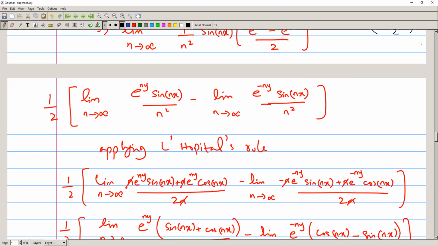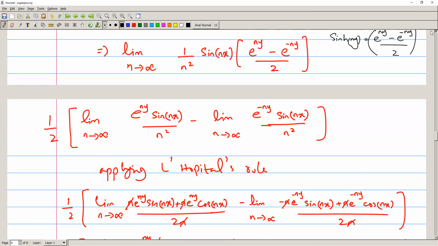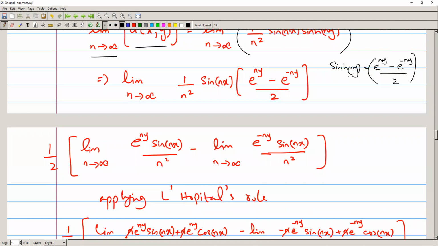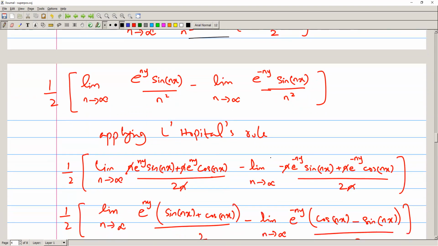So first of all, we will apply the identity for sine hyperbolic ny, that is equal to e to the power ny minus e to the power negative ny over 2. Then we will take these separately, this function with e to the power ny and minus this function with e to the power negative ny, and we will apply the limit separately, right?